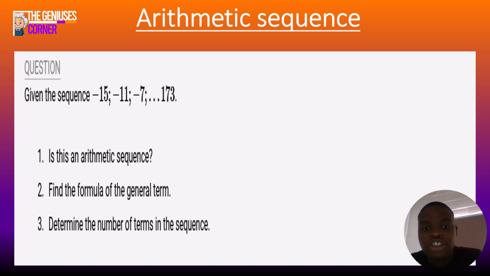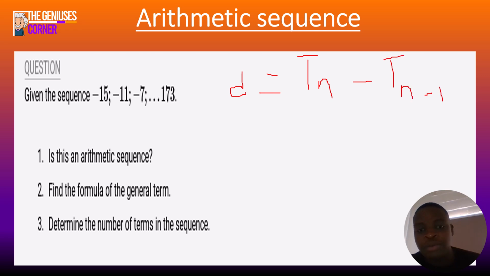So we have to check d, and d is simply equal to Tn minus Tn minus 1. So this is simply T2 minus T1, and this should be equal to T3 minus T2.